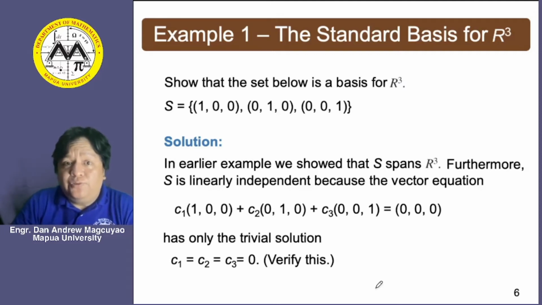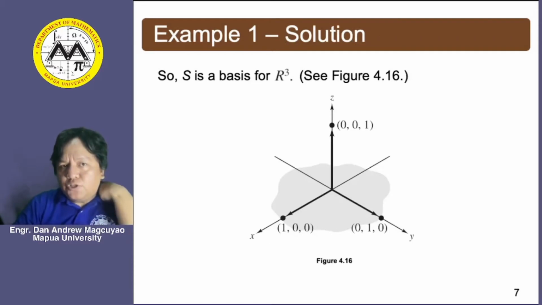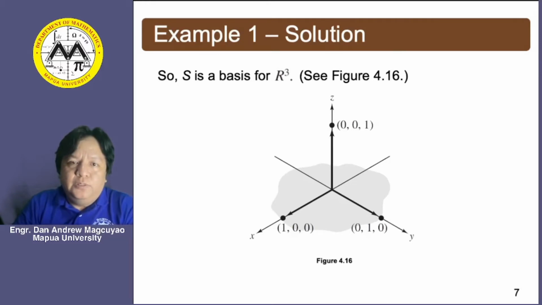You may wish to verify that this gives C1 equal to 0, C2 equal to 0, and C3 equal to 0. The manual solution for this one would be provided in a file in your Blackboard section. So S is a basis for R cube.